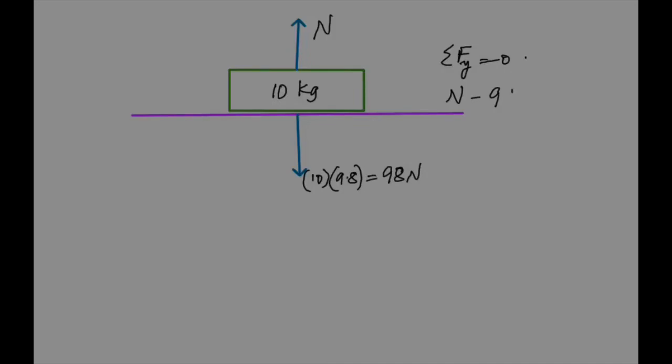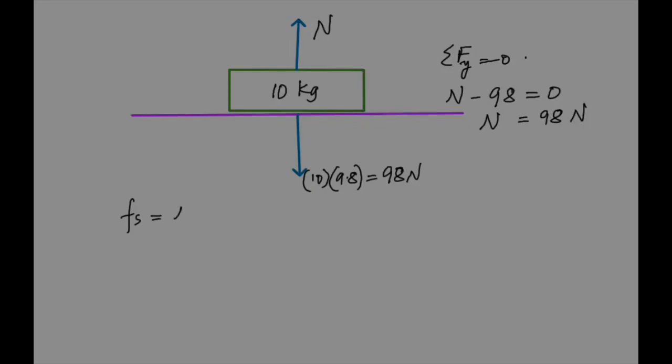There's an object of mass 10 kilogram kept on a surface, and at first we imagine that it's not moving, so you have the weight of the object and the normal force, and the weight is 10 times 9.8, which is 98 newtons, and the normal force in this case should also be 98 newtons. Why? Because the net force along the y-axis is 0. It's not moving up or down. So the normal force is equal to 98 newtons.